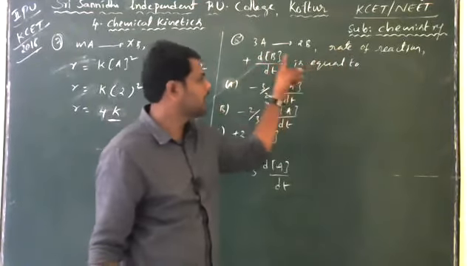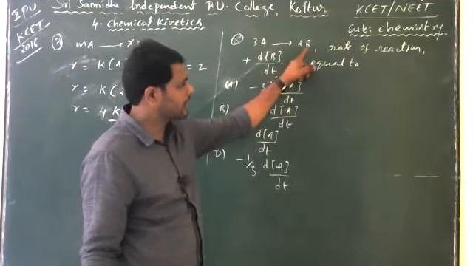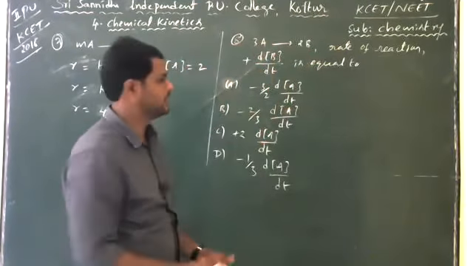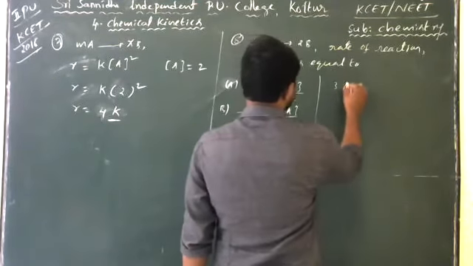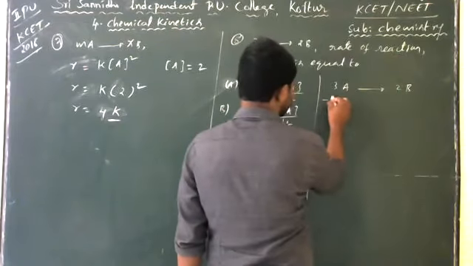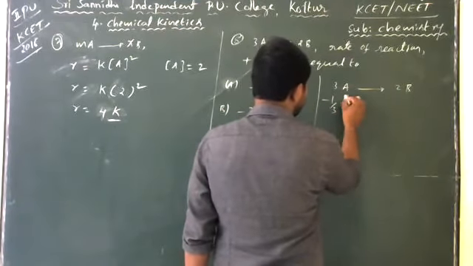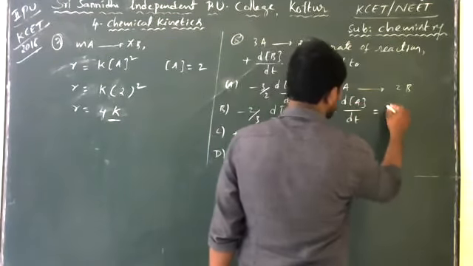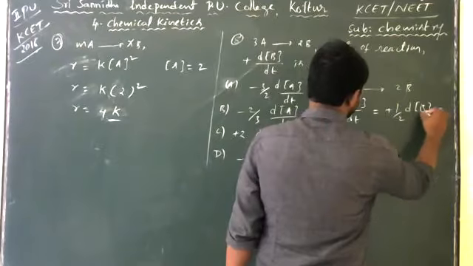is equal to dB by dt, the rate of appearance of B. How much is the rate? First, observe the equation, 3A gives rise to 2B. For this equation, minus 1 by 3 d concentration of A divided by dt is equal to plus 1 by 2 d concentration of B divided by dt.